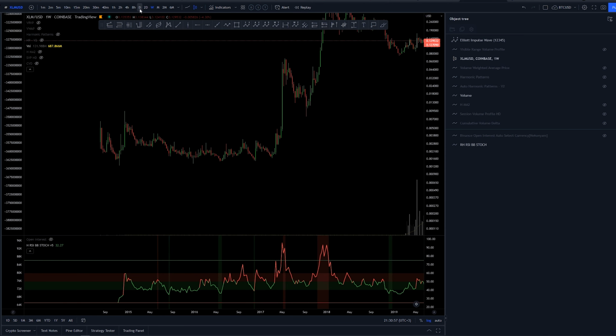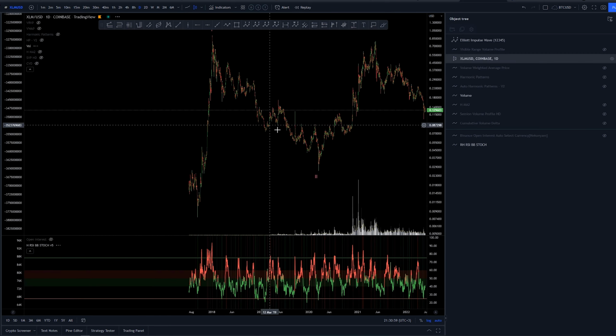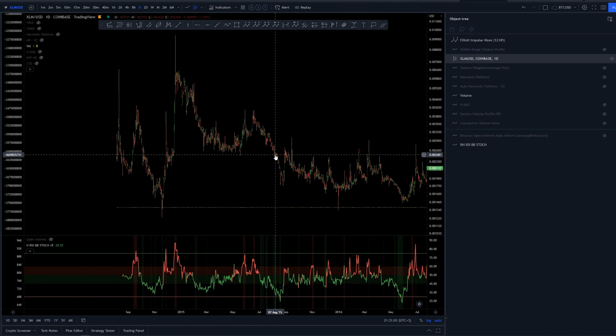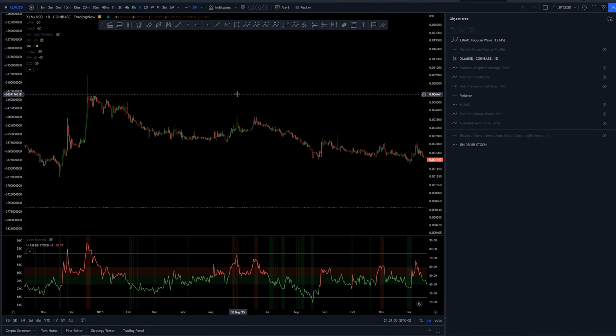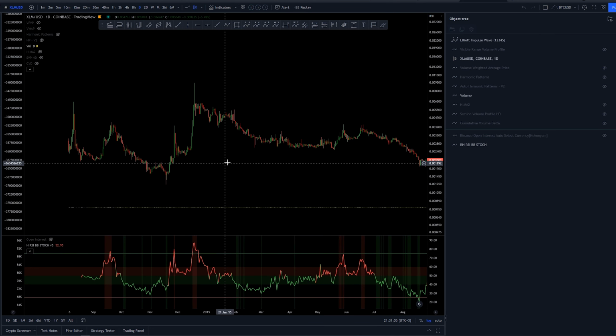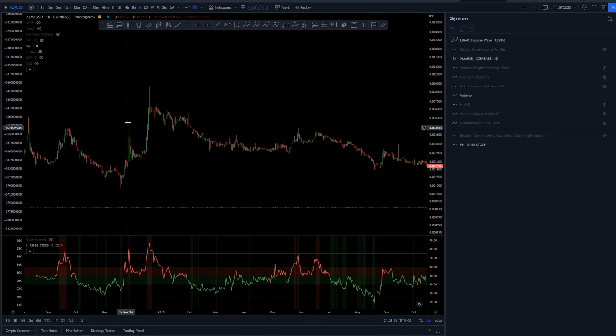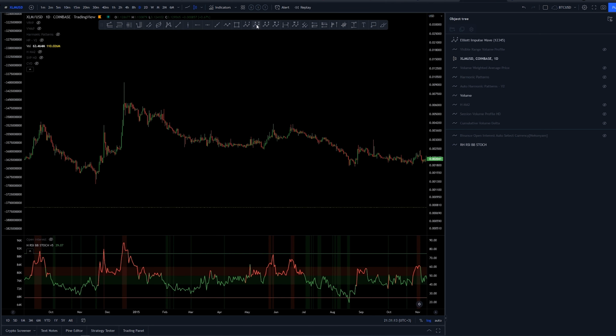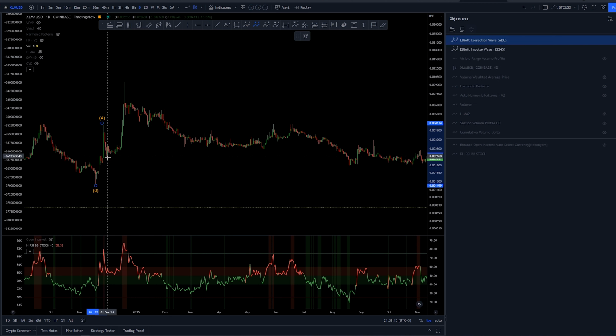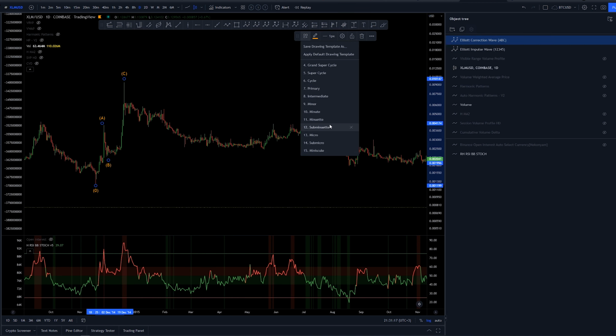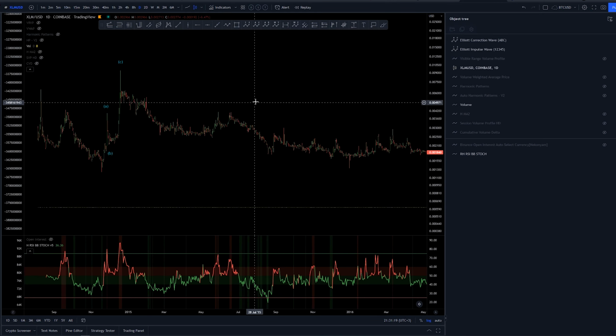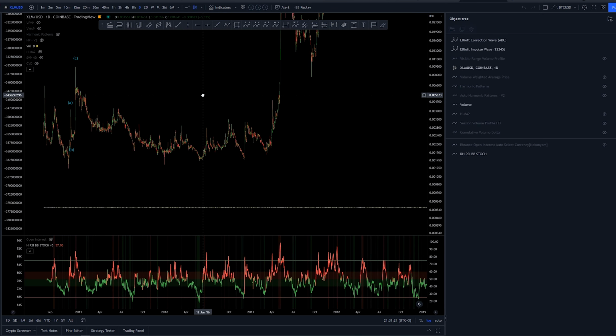Down here. Let's take a look on daily. I'm not going to go into too much detail on these waves, but this definitely does not look like a 5-wave structure. To me this looks like a three-way structure, like an ABC here. No idea what degree, but let's label it like that.